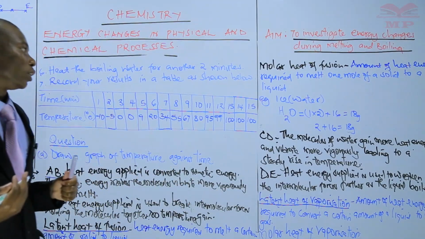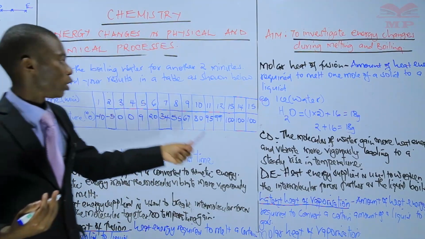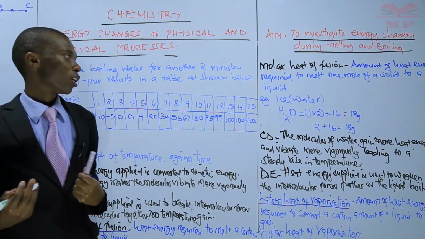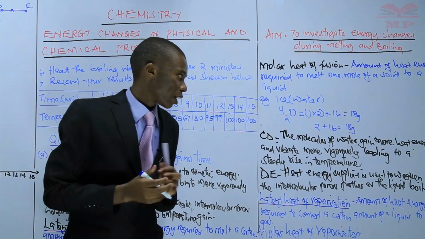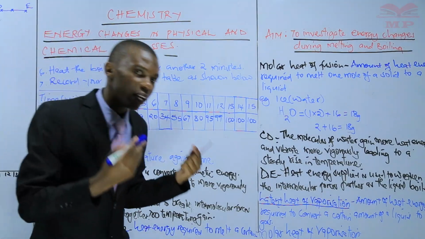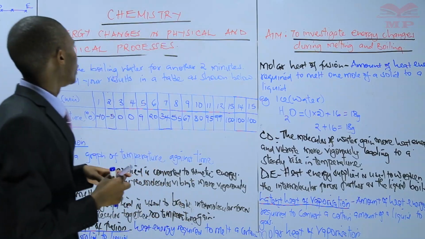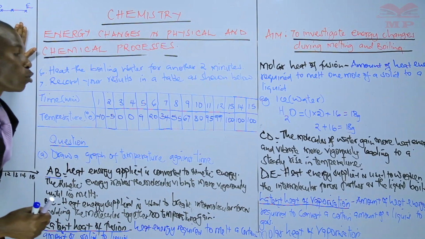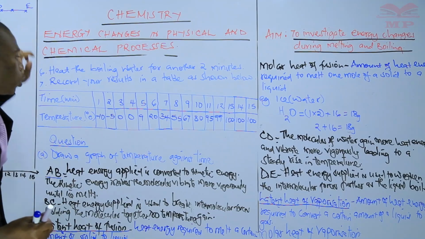That is what is happening at point CD. Lastly, it's at point DE. So the heat energy supplied again is used to weaken the intermolecular forces further as the liquid boils. You can see even after heating further for 2 minutes, there is no gain in temperature. It still remains 100.